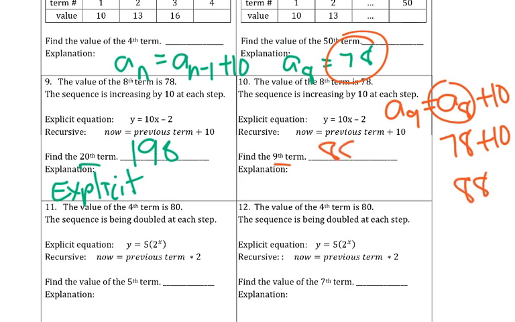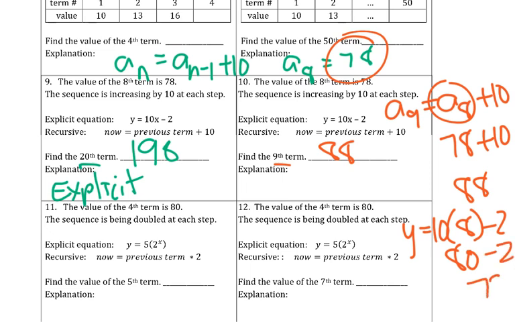So our answer is 88. Okay, we could do the explicit. 10 times 8 minus 2. 10 times 8 is 80. Minus 2, we get 78. So what happened here? Shouldn't we be getting the same answer?